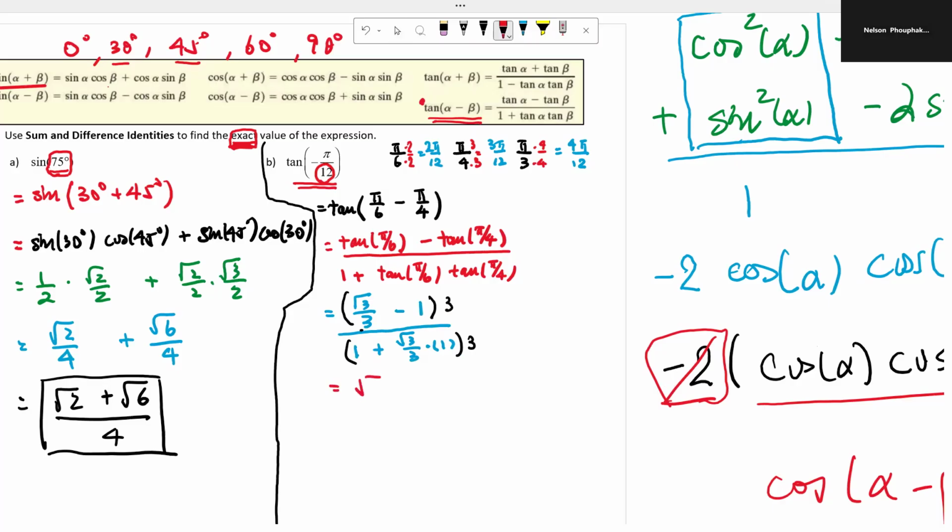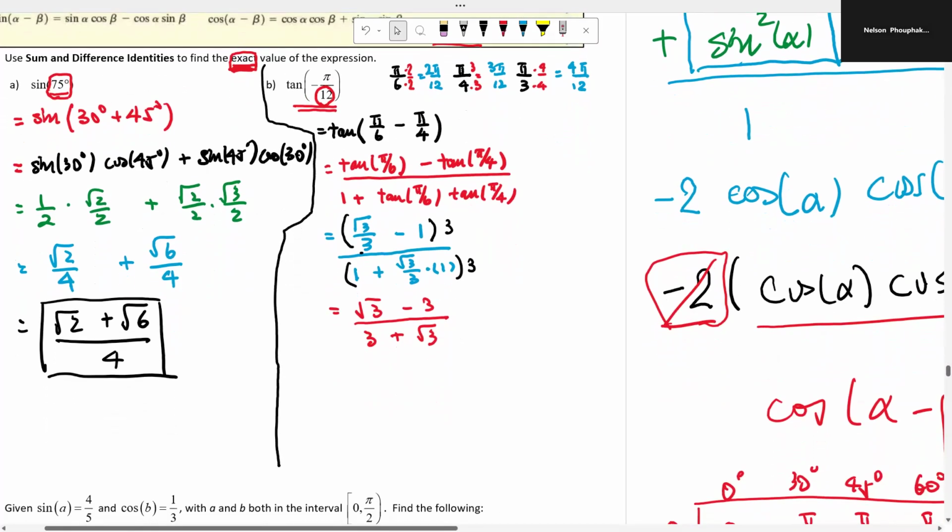Then I will have root 3 minus 3 divided by 3 plus root 3. And of course, we don't want square root of 3 in the denominator, so what we could do is multiply by the conjugate pair.